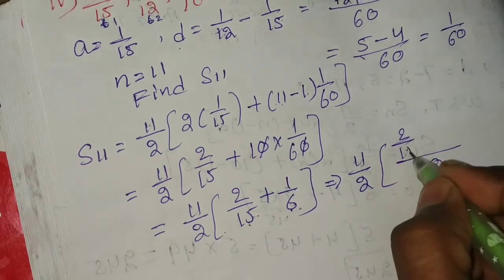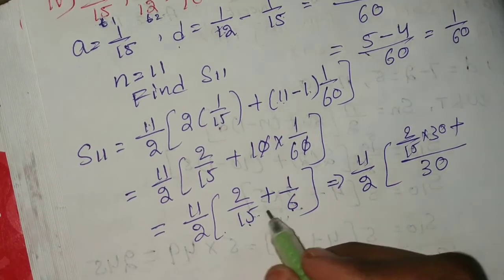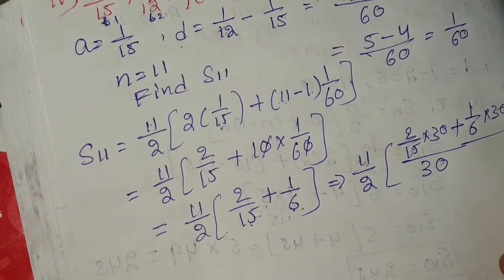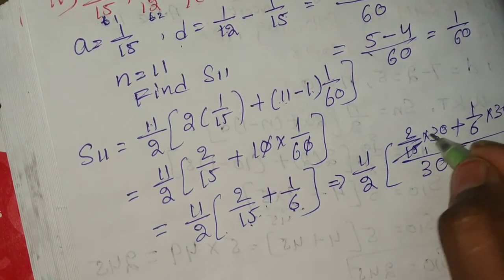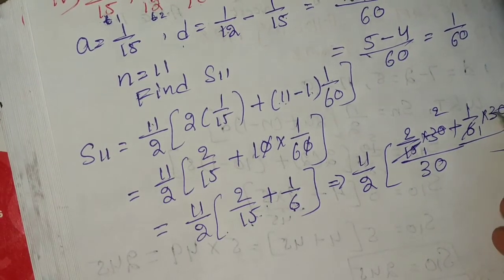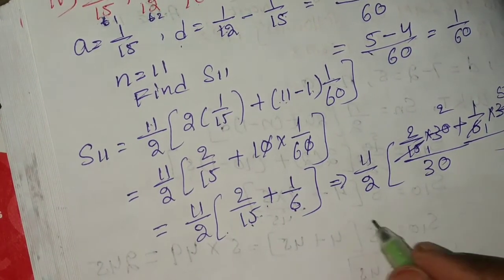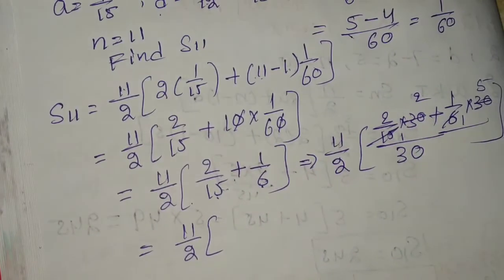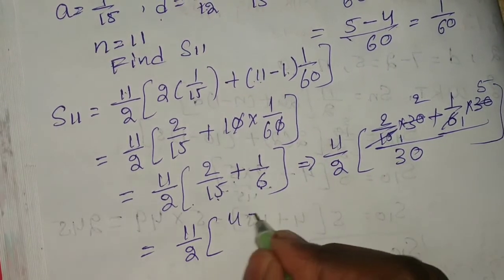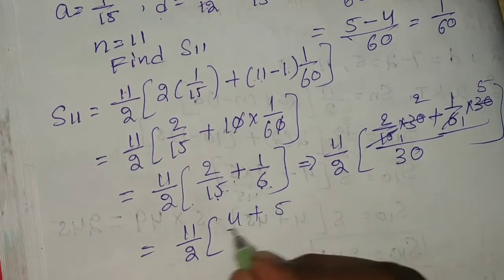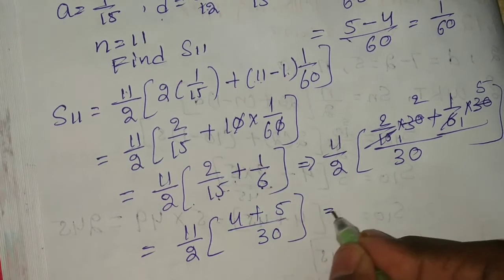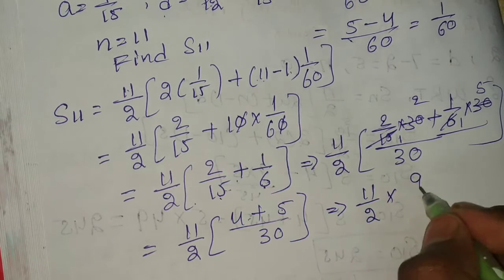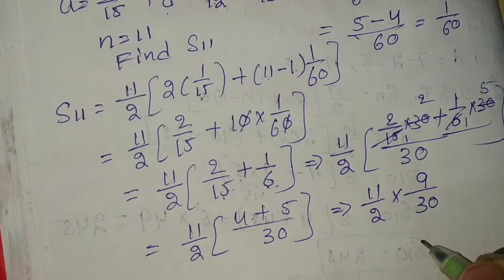So 2 by 15 into 30 plus 1 by 6 into 30. So 15 ones are 15, 15 twos are 30, 6 ones are 6, 6 fives are 30. Are you getting? So what is the remaining here? 11 by 2 into 2 twos are 4 plus 5 ones are 5 divided by 30. See, 11 by 2 into 4 plus 5, 9 divided by 30.